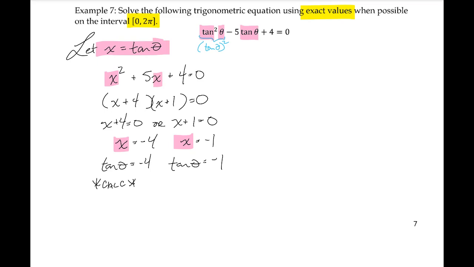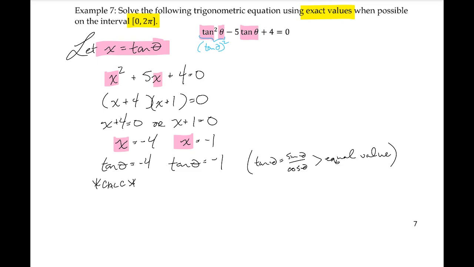Okay, but I do know a time when tan theta could potentially equal negative 1 or 1, and that would be when, again, thinking back to the fact that tan theta is sine theta divided by cos theta, I'm going to get 1 when these two are the same. I'm going to save the calculator for after.